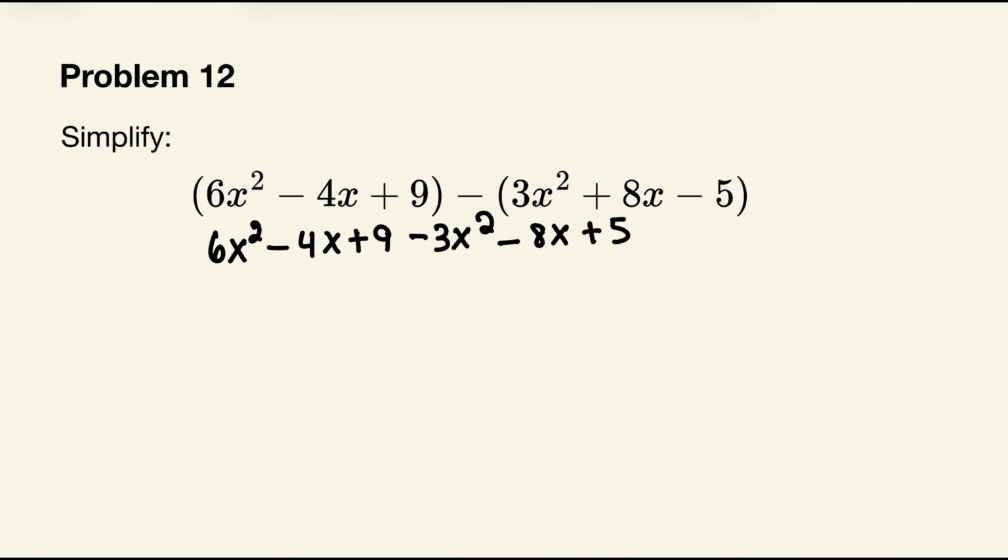Now all you have to do is combine like terms. We have 6x squared minus 3x squared, and that is 3x squared. And then we have -4x and -8x, which is -12x.